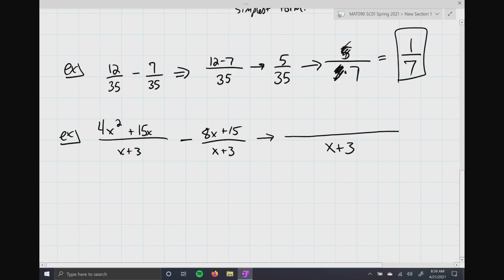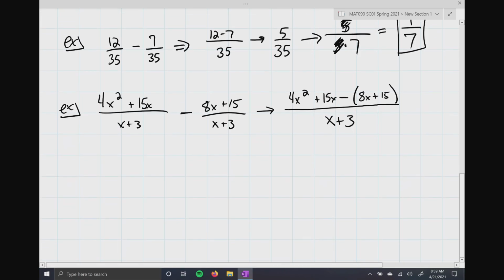So I'm going to write the x plus 3 in the denominator, and write out the entire numerator with my parentheses, okay? So I'm going to get 4x squared plus 15x minus parenthesis 8x plus 15 inside of the parentheses, okay?